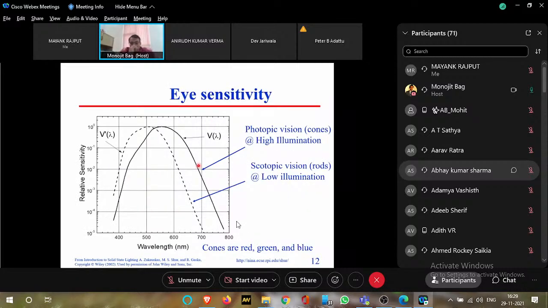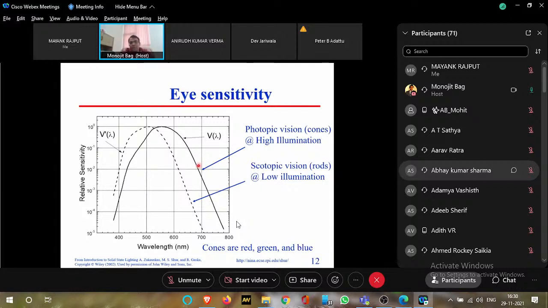So when you talk about vision, like what our eye is sensitive to, then we'll be talking about photometry, right? That means what we do see. It doesn't matter what wavelength it is coming from, how I perceive the color, that is what photometry is. Now you might have basic knowledge of biology from your 10th standard. Probably you know how we see things with our eyes.